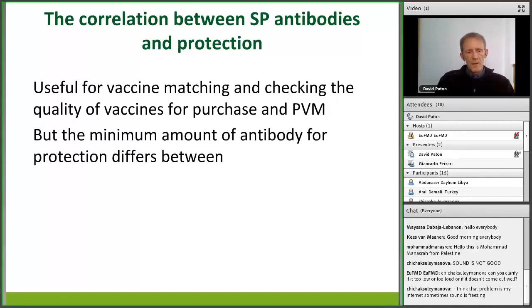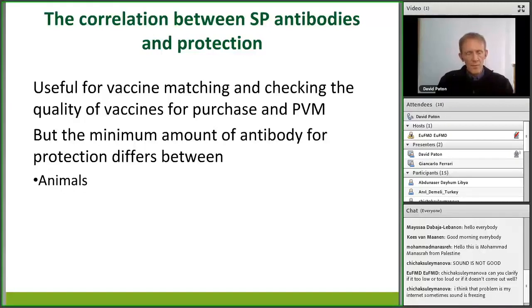But the minimum amount of antibody for protection, the threshold that defines protection, is very difficult to define precisely, and that's because it differs according to quite a number of different factors, and this is where it starts to get a little bit complicated. So for example, different animals seem to require different levels of antibody in order to be protected, even where you're using the same viruses, the same tests and all the rest.